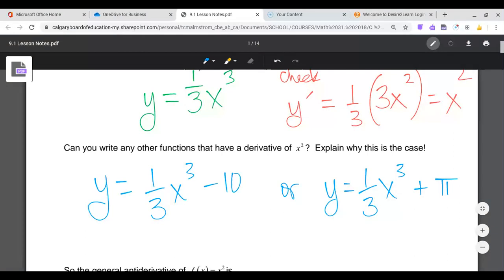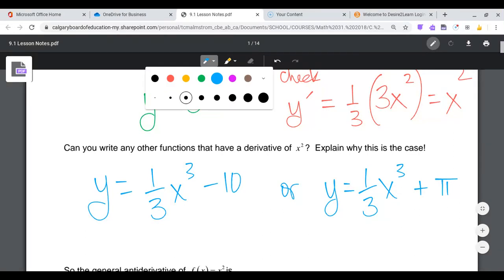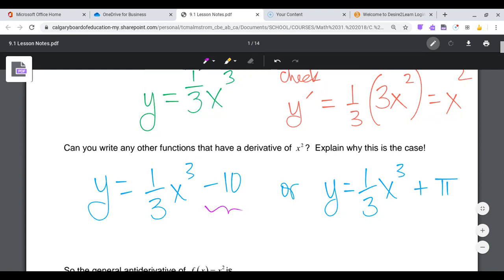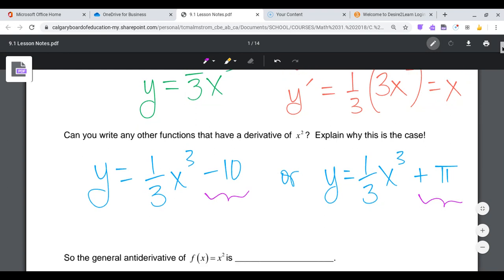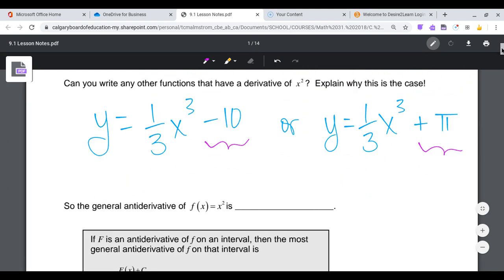So anytime I have this antiderivative process, I'm going to have to realize that I could have any kind of constant tucked on the end because the derivative of a constant is 0. So we're going to have to remember that little extra piece.